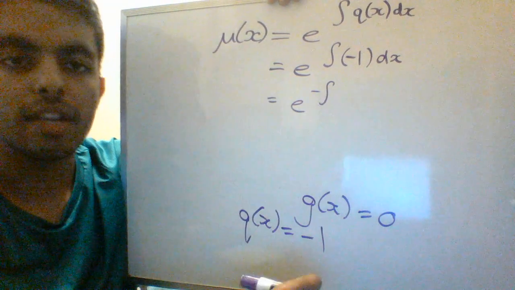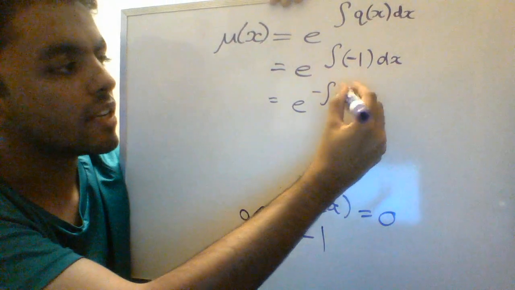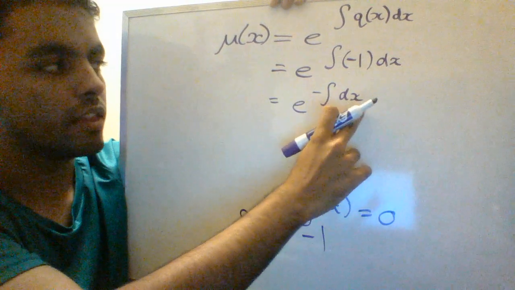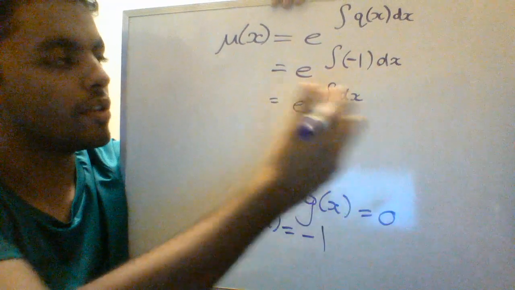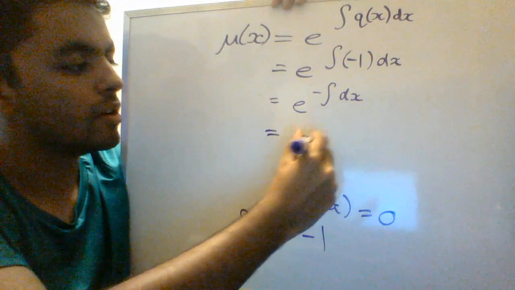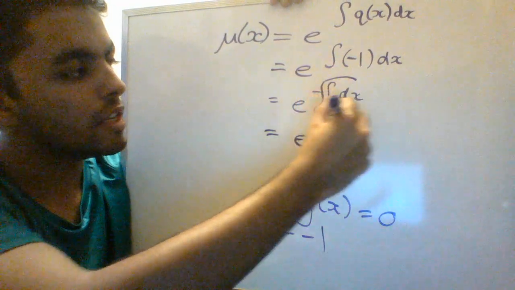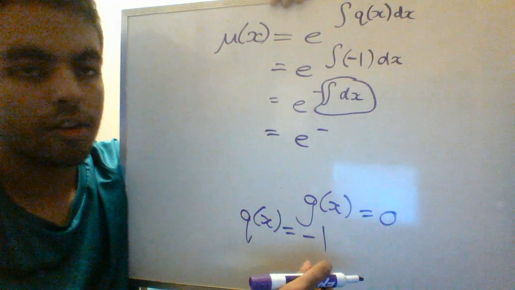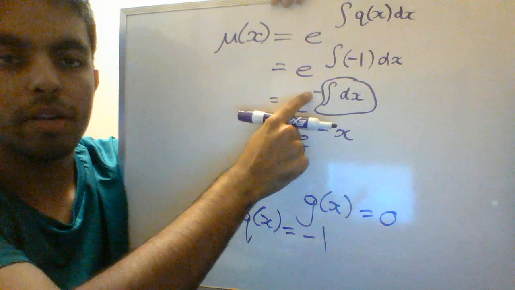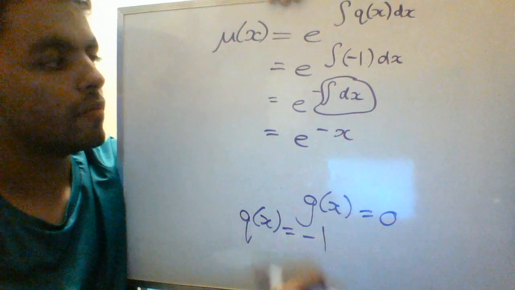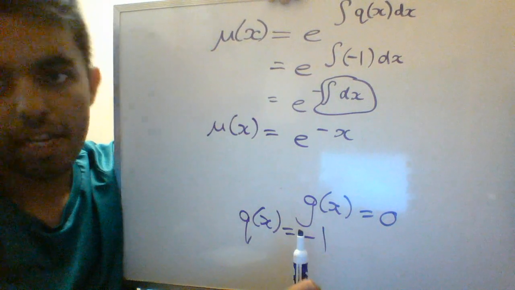Then all that's left on the inside is dx, and you're essentially just integrating dx, which I hope you remember us talking about. If not, it's a little bit of a refresher. The integral of dx evaluates to just x, and the negative sign carries right over. And so we now know that mu of x is e to the negative x.